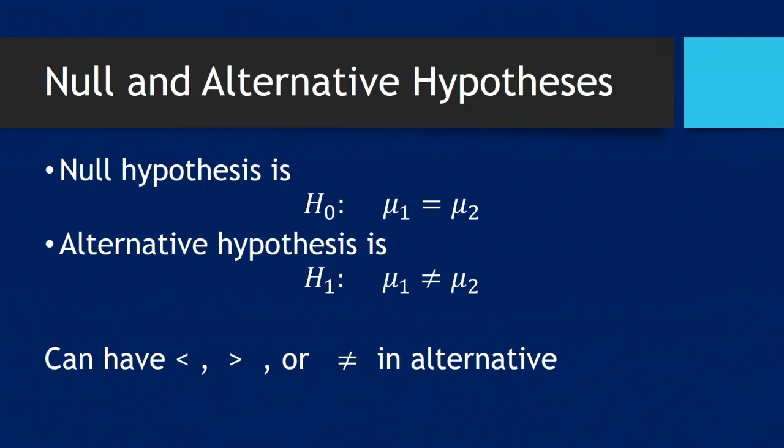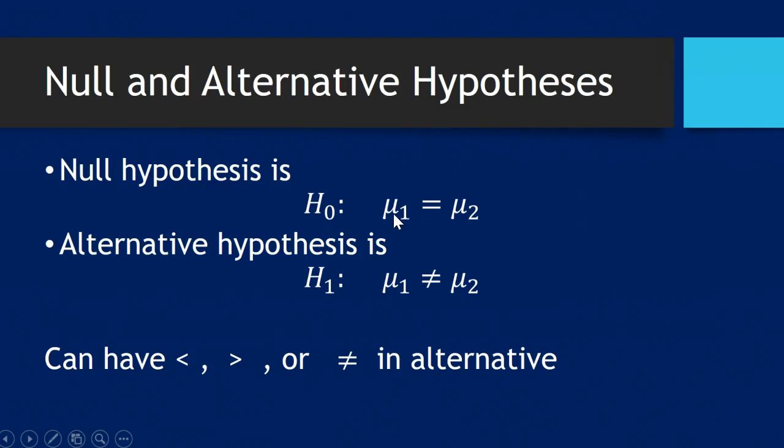Now that's going to change our null and alternative hypotheses. Since we're testing if groups have the same average, our null hypothesis is going to be the average of group 1 is equal to the average of group 2. And our alternative hypothesis is going to be the average for group 1 is not equal to the average for group 2. Generally speaking, we use little subscripts to denote group 1 and group 2.